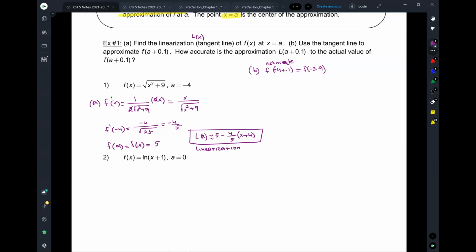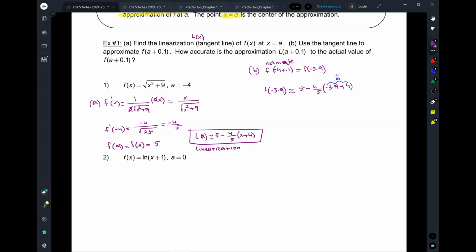Okay, so here's what we're going to do. L of negative 3.9 is approximately 5 minus 4 over 5 times negative 3.9 plus 4. What's negative 3.9 plus 4? It's positive 0.1, which is 1/10, right? So let me show you guys something.